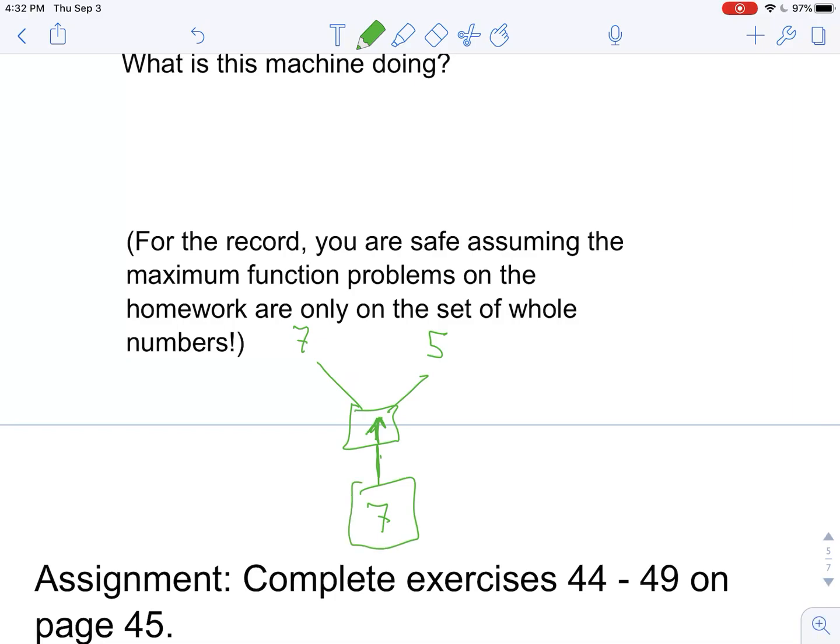But wait, what if, and this is my empty blank, what if I gave you something like this? I said maximum number function, and that yielded, what if it yields a 10, and I have a 6 over here, and a blank over here. Let's make that the blank. Pretty clearly, what goes in the blank is a 10.